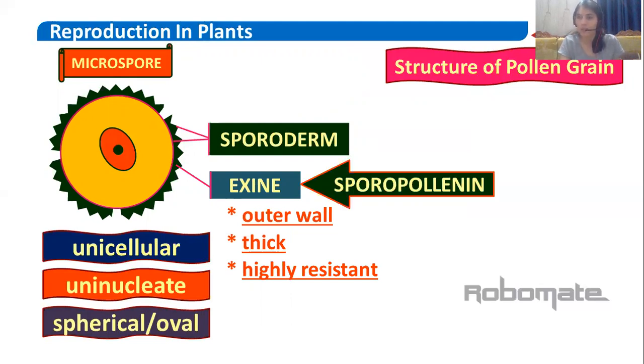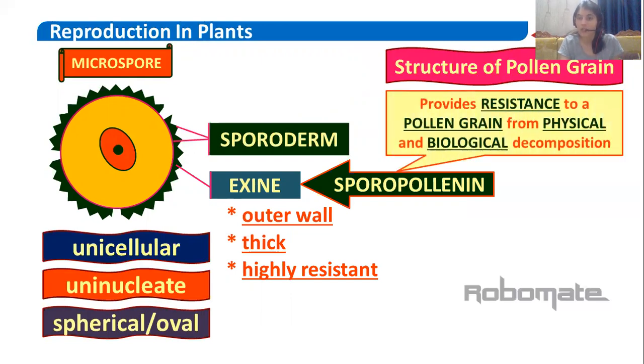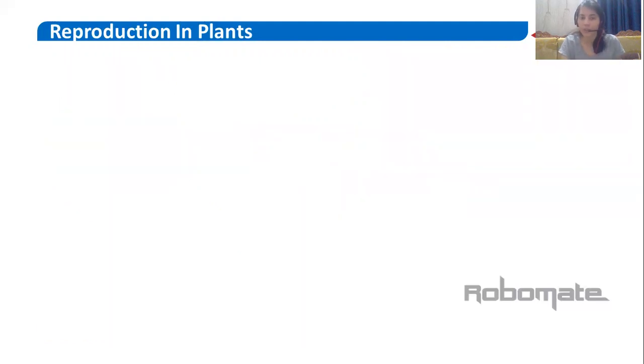That is sporopollenin. We already discussed that. Who produces it? It's the tapetum. So the tapetum forms sporopollenin, and the sporopollenin makes the exine resistant. This provides resistance to the pollen grains from chemical and biological decomposition, so it protects the pollen grain.